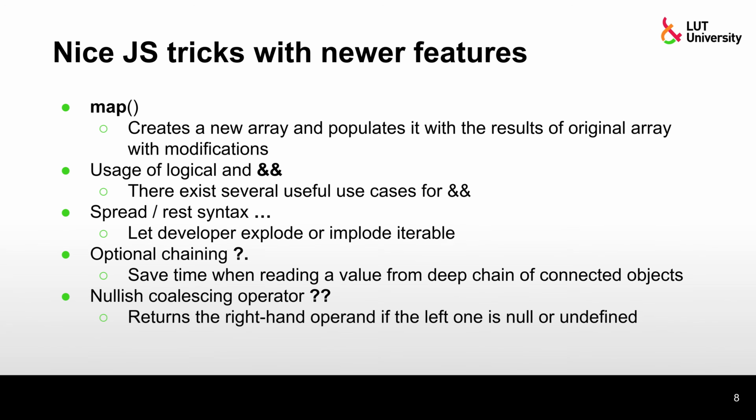It returns the right hand operand if the left one is null or undefined. So this is different from this OR operator that will return right even if the left is empty, like an empty string or 0, but this nullish operator does not count these two cases. Let's have an example on this too.